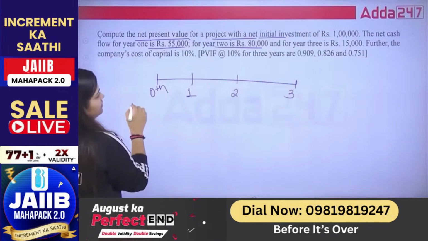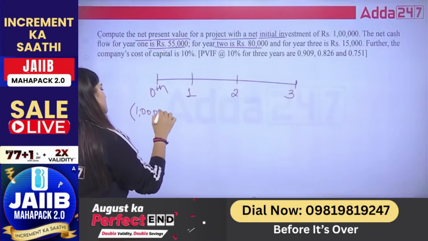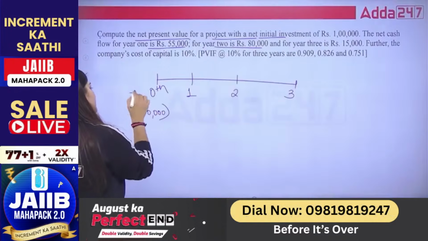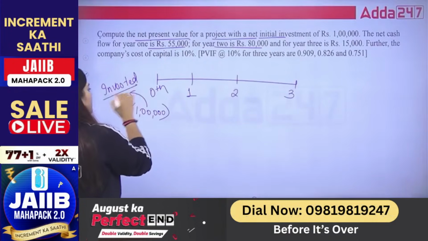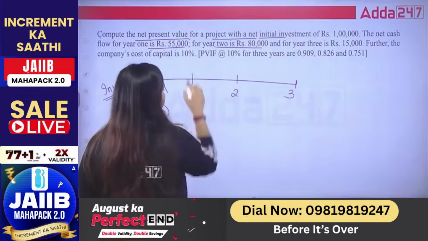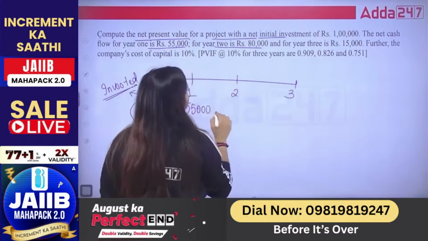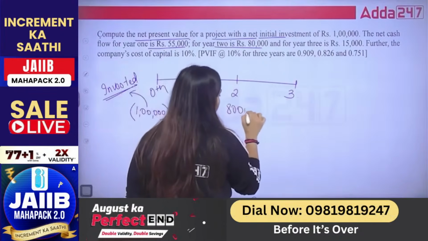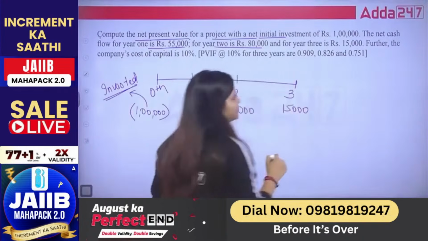In time period 0 you are investing 1 lakh rupees. This is your invested amount. In your first year you are going to generate 55,000 as income, in your second year 80,000, and third year 15,000.